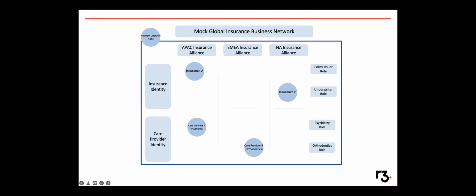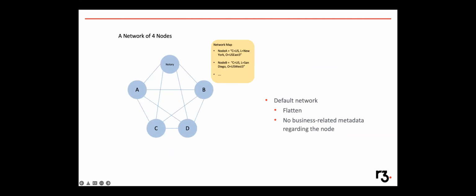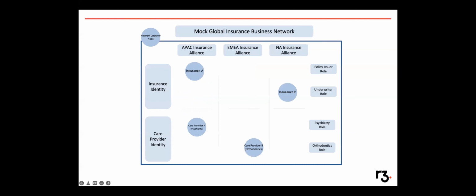Imagine if they were all flattened, you wouldn't know anything. The only information you get about a node when it first transacts with you is from its X500, but the X500 can be meaningless if the whole network agrees that we don't want to show our real identity in the X500s. Then it's very difficult to know.